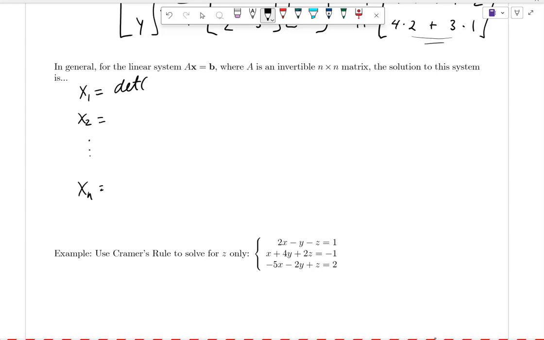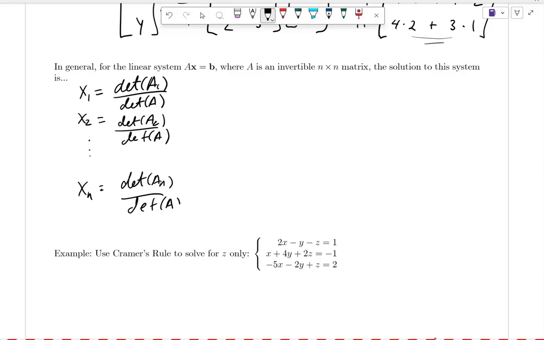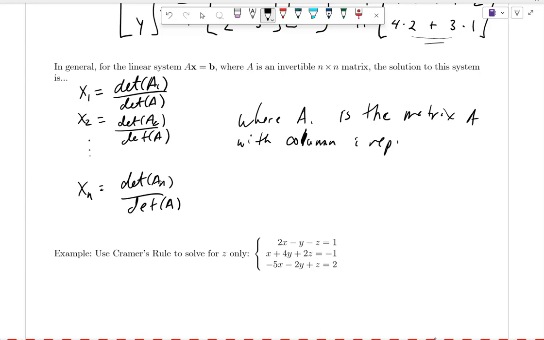I can do determinant of A1 divided by determinant of A. The next one is determinant of A2 divided by determinant of A. All the way down to the determinant of An divided by the determinant of A. And again, where Ai is the matrix A with column i replaced with B. Okay.